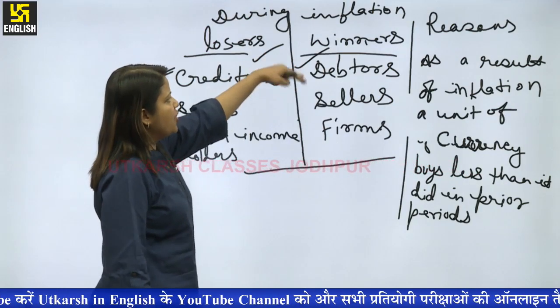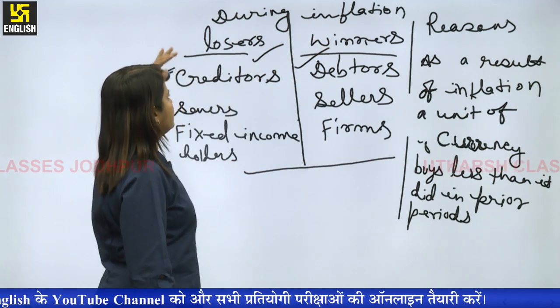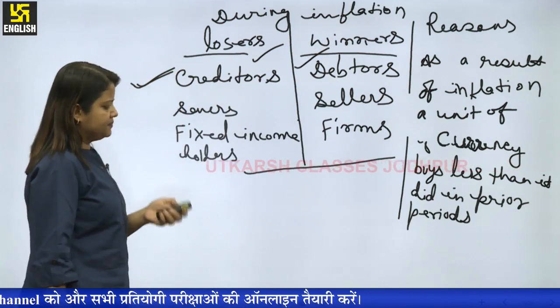That's why the debtors are called winners and the creditors are called losers.